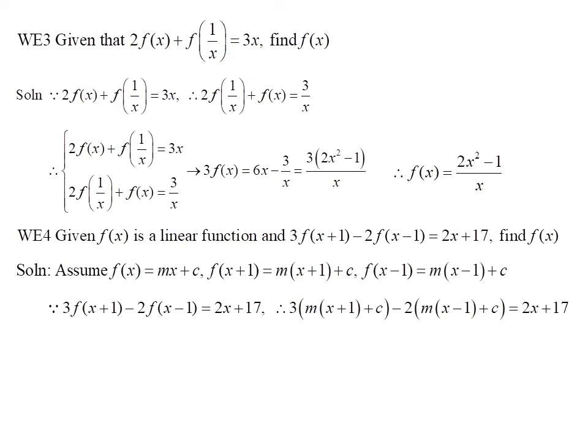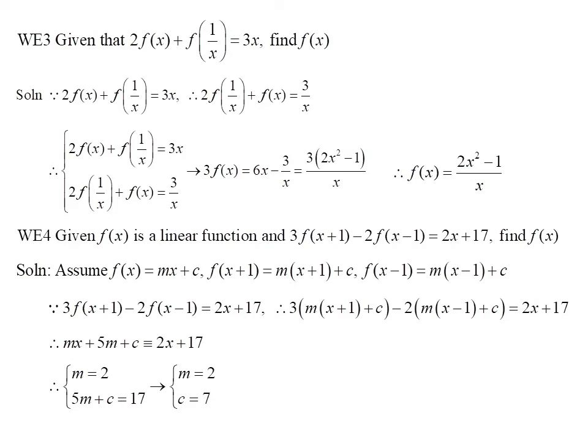The next step is to substitute x by x + 1 and x - 1 respectively, and then rewrite the given equation where both m and c are parameters. After being simplified, the expression mx + 5m + c is equivalent to 2x + 17.